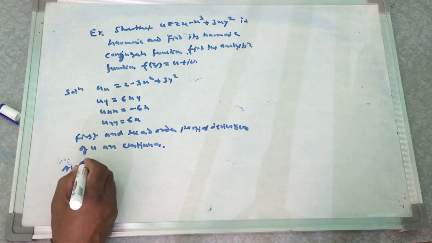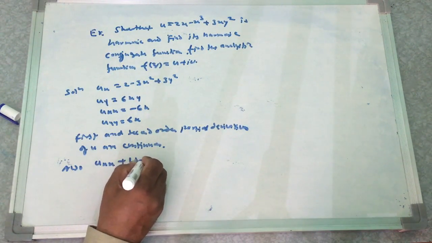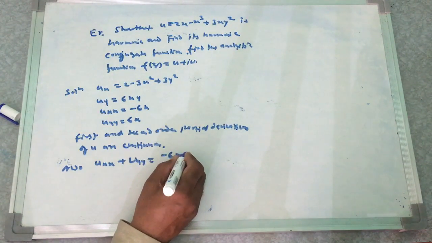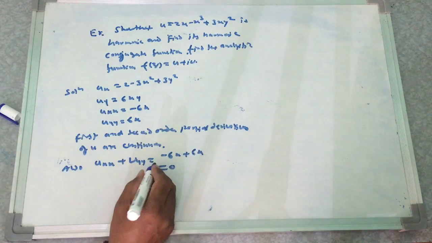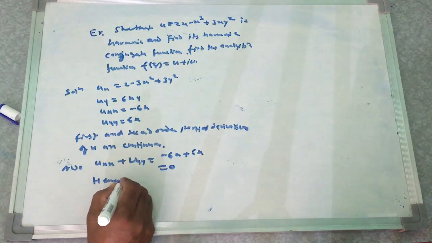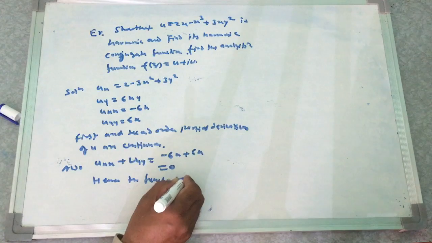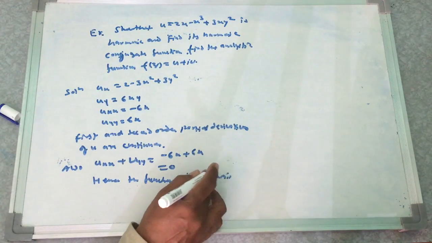Also, u suffix xx plus u suffix yy is equal to minus 6x plus 6x is equal to 0. Hence the function u is harmonic.